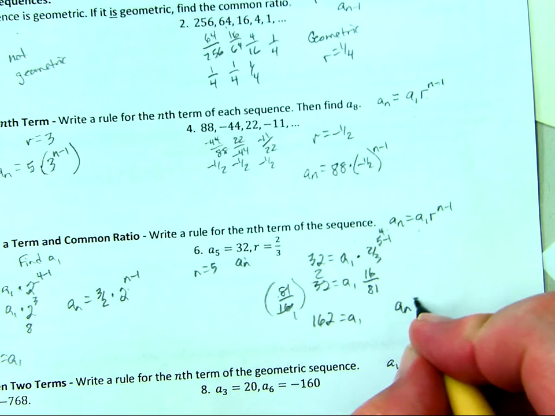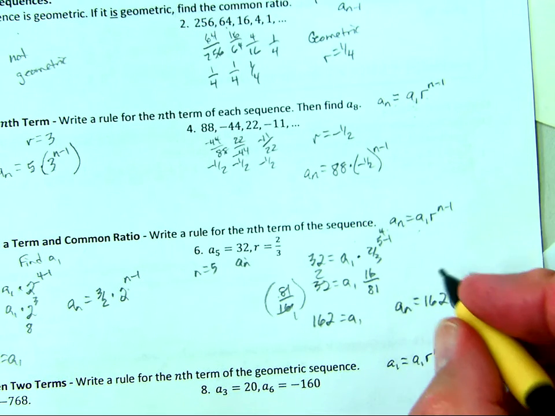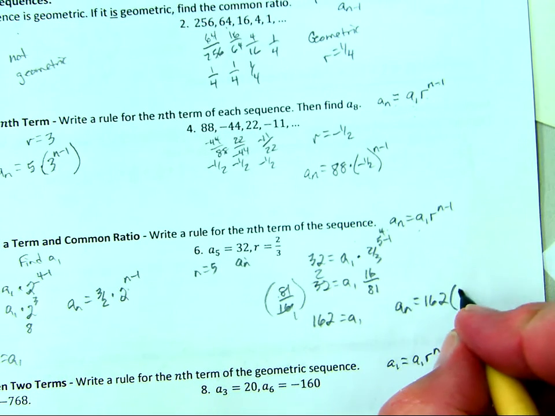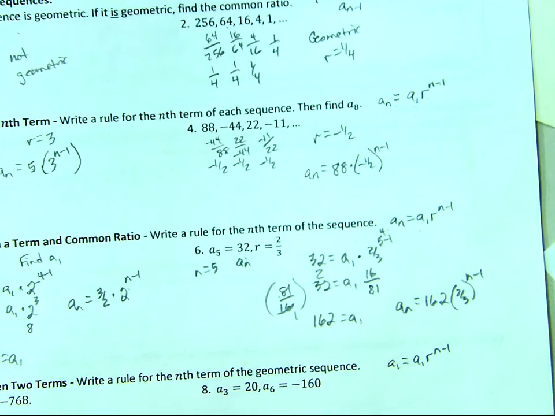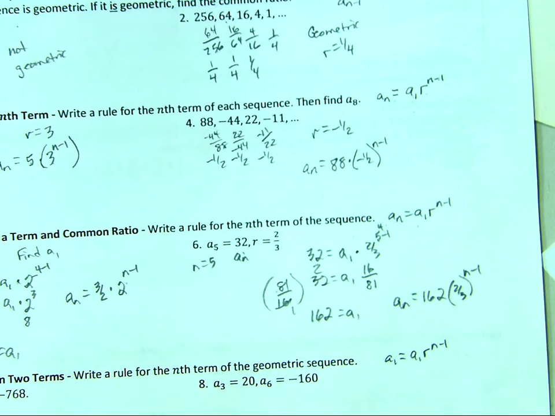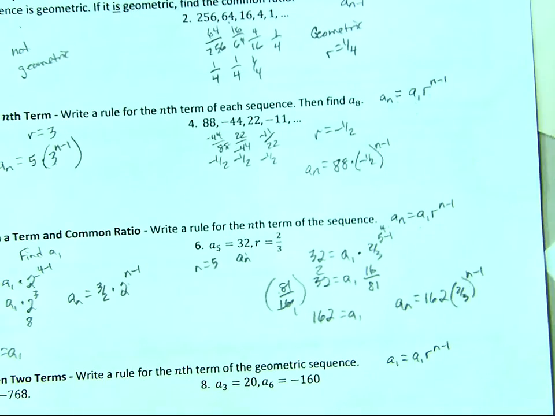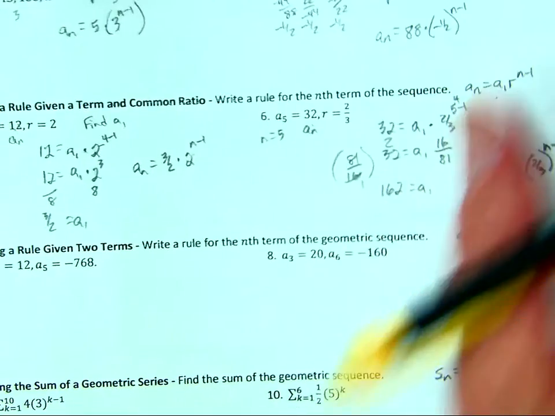So a sub n equals a sub 1, which is 162, times r, which we know is 2/3, to the n minus 1. And that's our rule or formula. I tend to always call them formulas. In here, they tend to call them rules. It's the same thing.